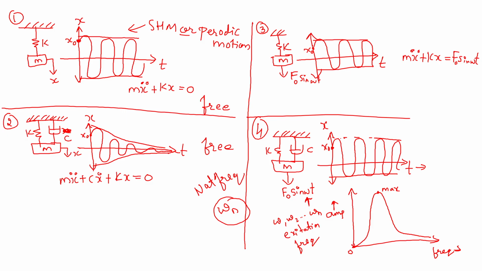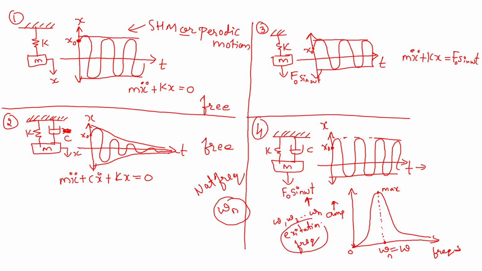As you increase the frequency from 0 to a limit, at some point we will get a maximum amplitude. That point is called resonance. That is when the natural frequency of the system omega n matches the excitation frequency omega.